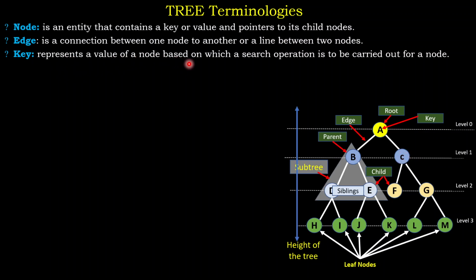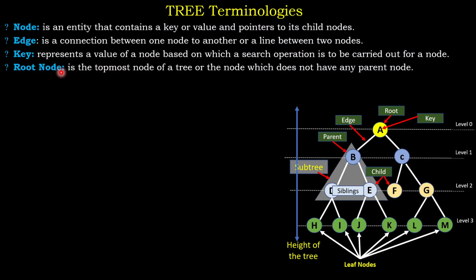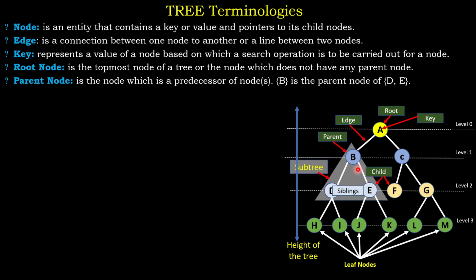These are different values based on different nodes. Now the root node is the node that does not have any parent or predecessors, the topmost node. When we talk about parents, I have already discussed that. Parents have children, and the immediate predecessors of any child, at any level, are known as the parent.